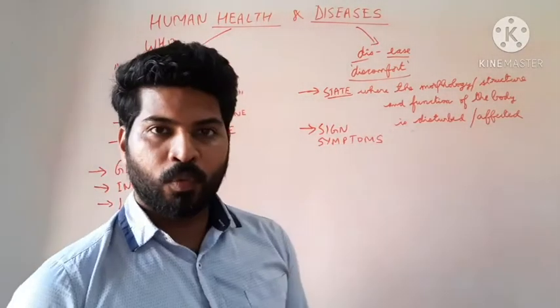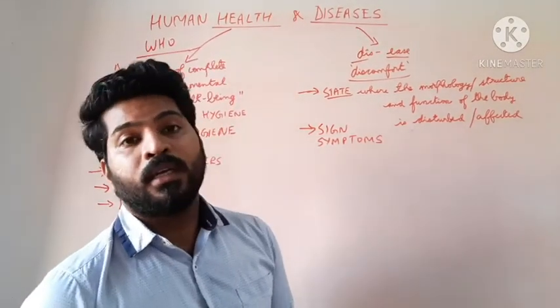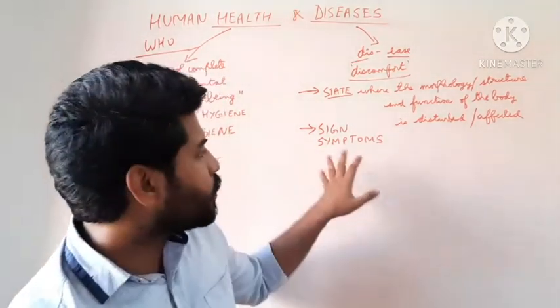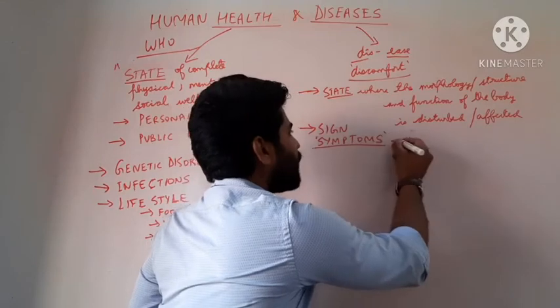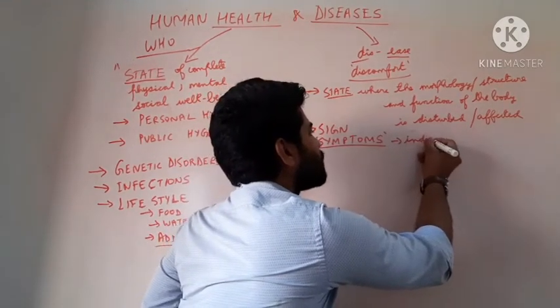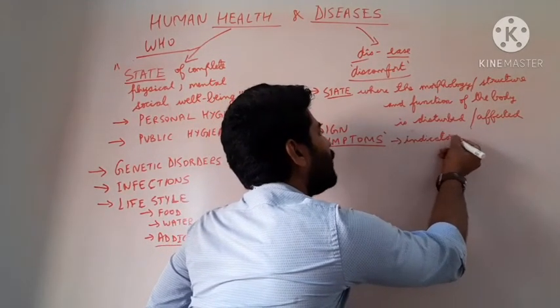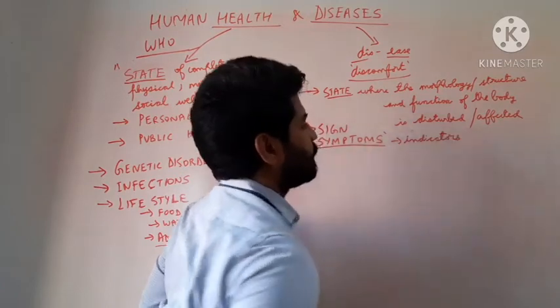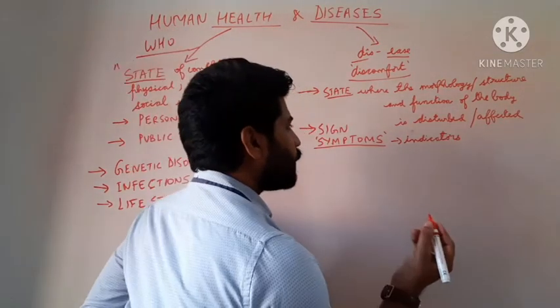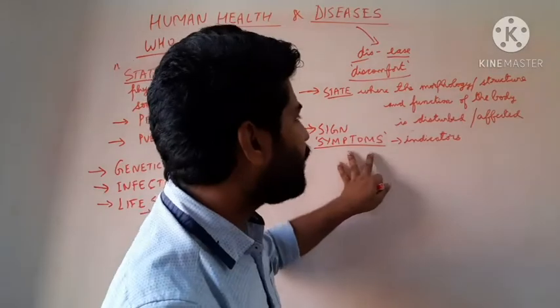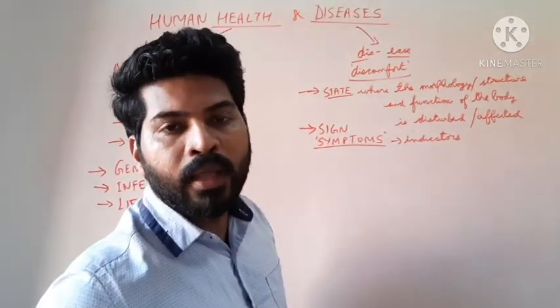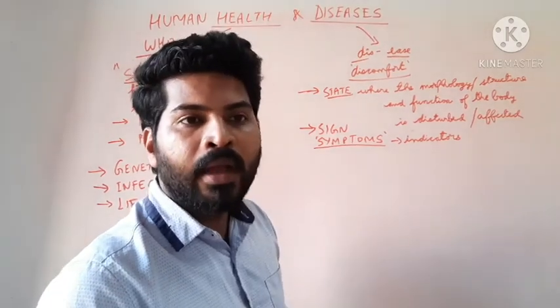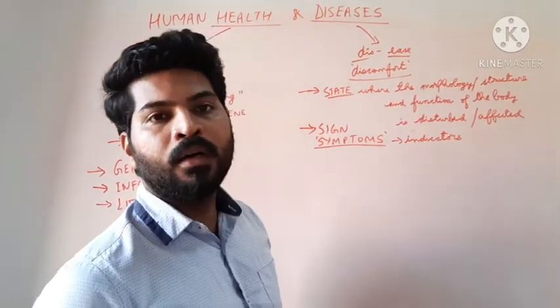How does somebody know whether he or she has a disease? So symptoms, these are indicators of an underlying disease. So if we find these indicators, symptoms, in our body, it could mean that we may have a disease.